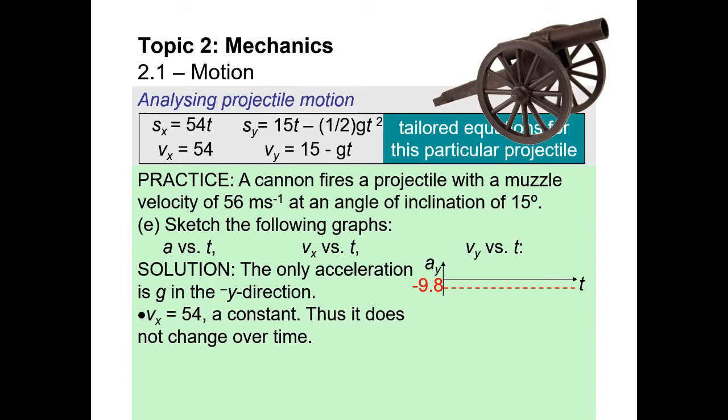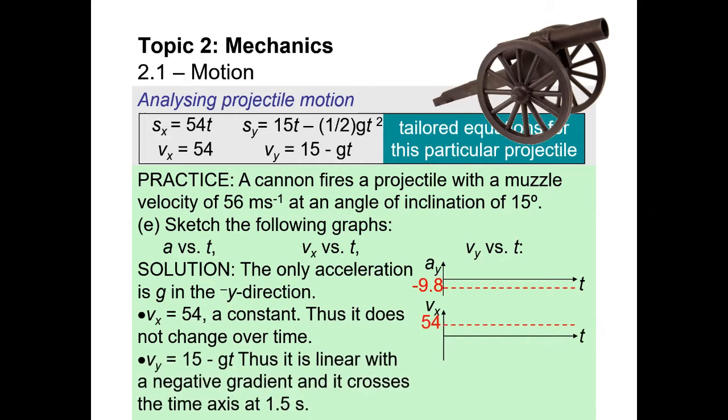Velocity in x component is constant, therefore it does not change over time, 54. Velocity in y component equals 15 minus gt. It's linear with a negative gradient, the gradient equals 9.81, and it crosses the time axis at 1.53 seconds. Just like that.